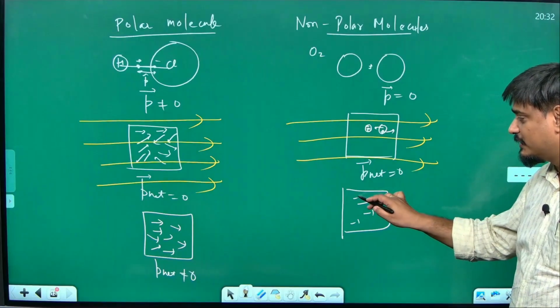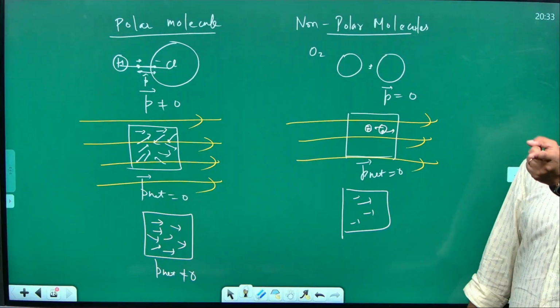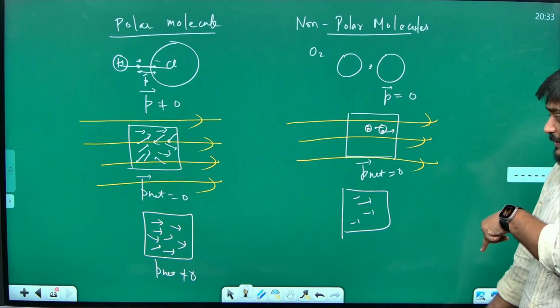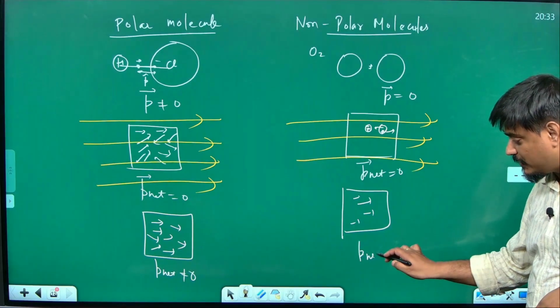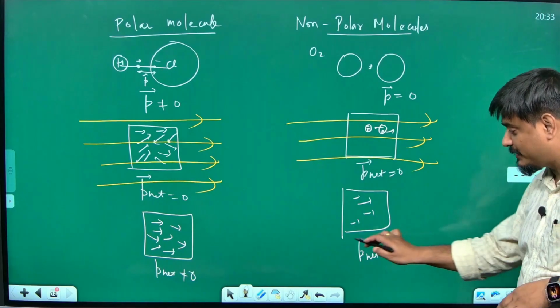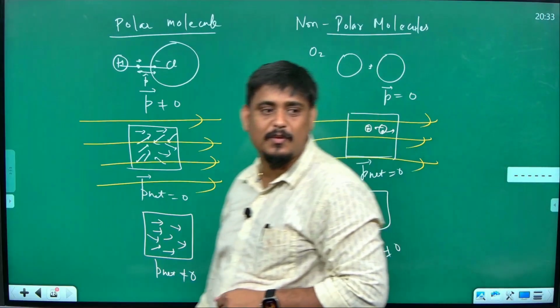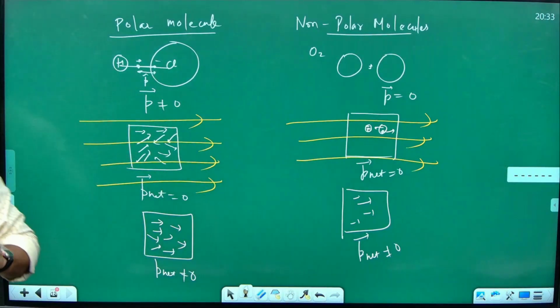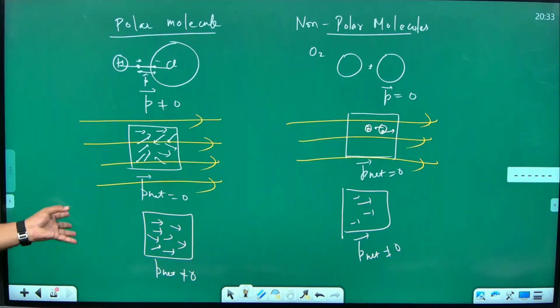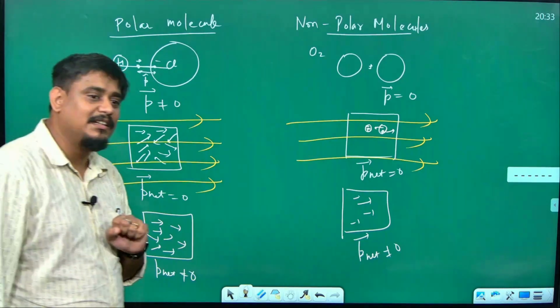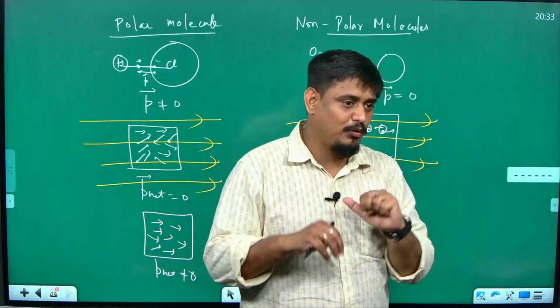Not as strong as the polar molecule substance, but it will also have some dipole moment. So whether it is polar molecule or non-polar molecule, at matter level they don't have dipole moment, and when they are subjected to electric fields, they both get dipole moment.